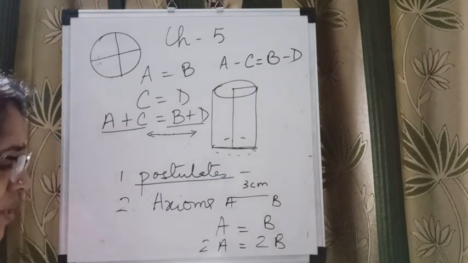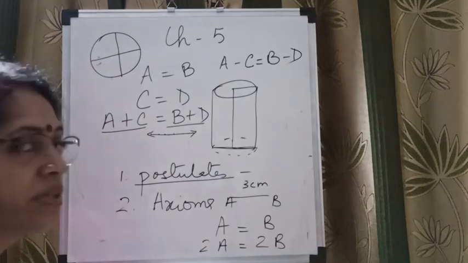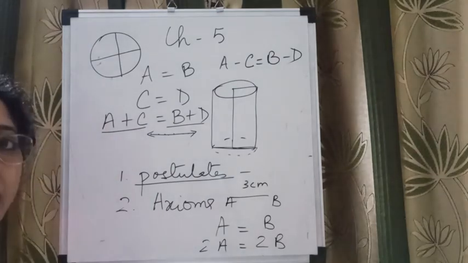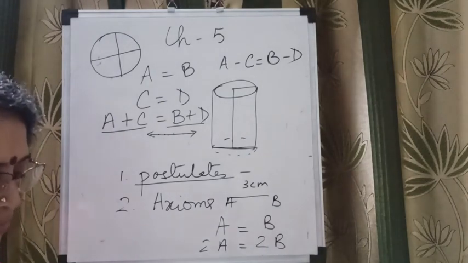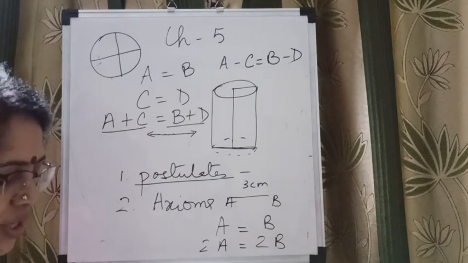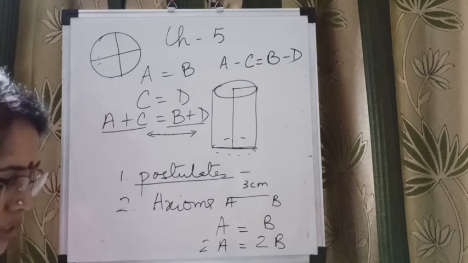Then the next thing that we learn here is he has given 5 postulates. These are all his axioms, not in any particular order, but he has given 5 postulates. Now, the first postulate that he says is: a straight line may be drawn from any one point to any other point.